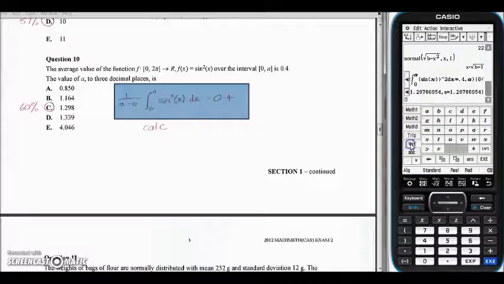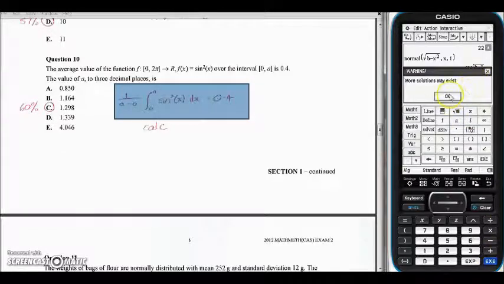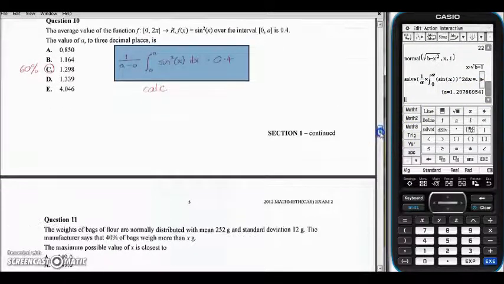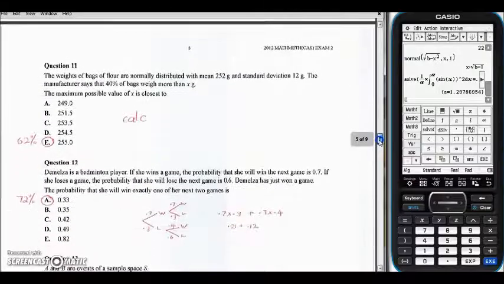So we could say that a has to be between 0 and 2 pi, because that's the domain that we're working with. Again, it then only comes up with the one that's inside the domain, so 1.298, okay? But I wouldn't have bothered with that for this particular question.